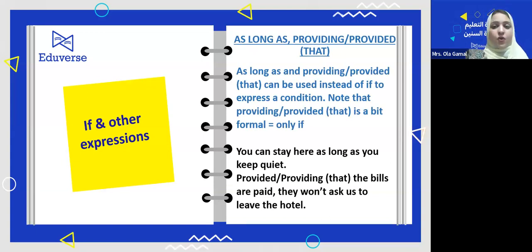And it equals "only if." Like these examples, let's read them together. You can stay here as long as you keep quiet. Provided or providing that the bills are paid, they won't ask us to leave the hotel. So these are the conditions that we use here.